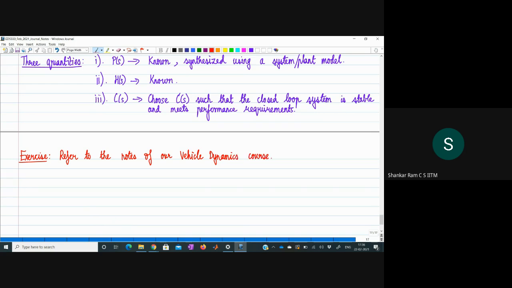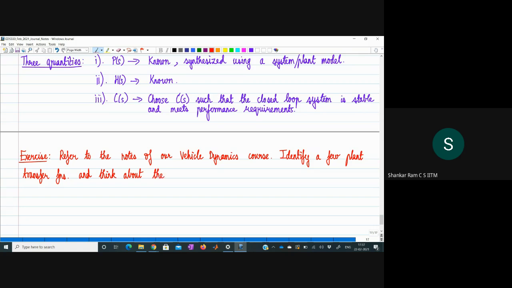Referring to the notes of the vehicle dynamics course, identify a few plant transfer functions, and think about the control application for which they can be used.